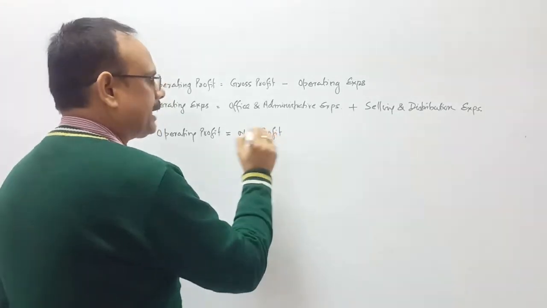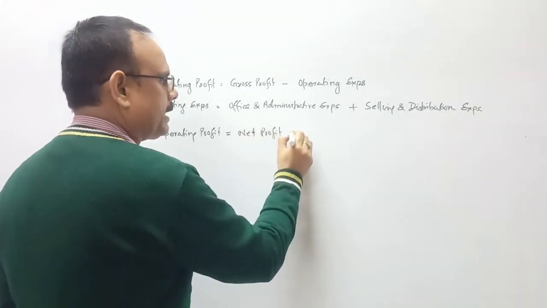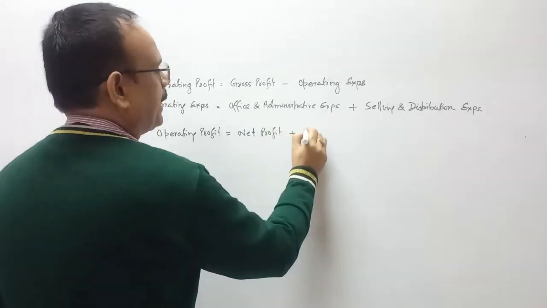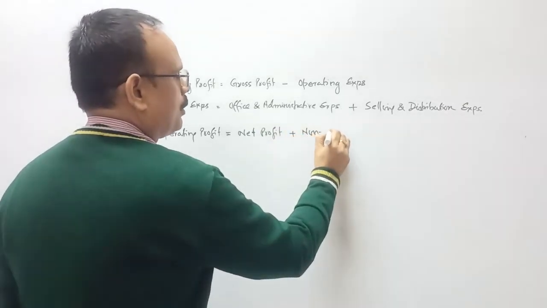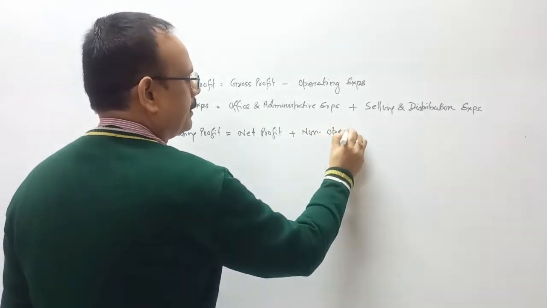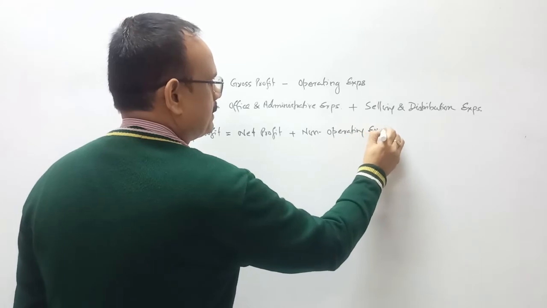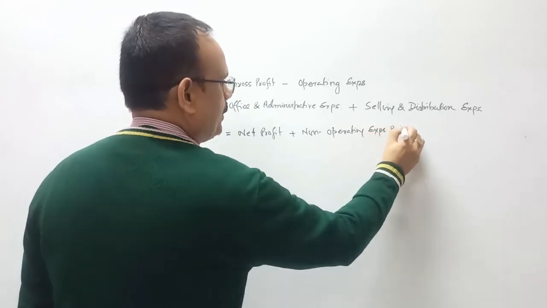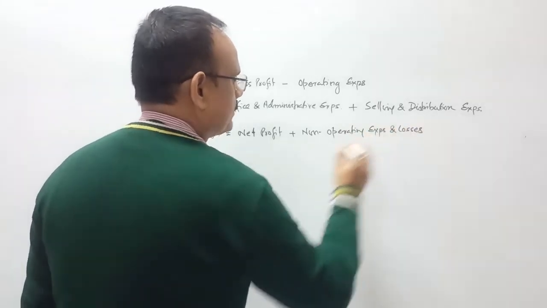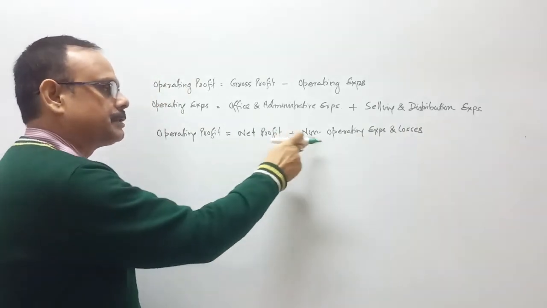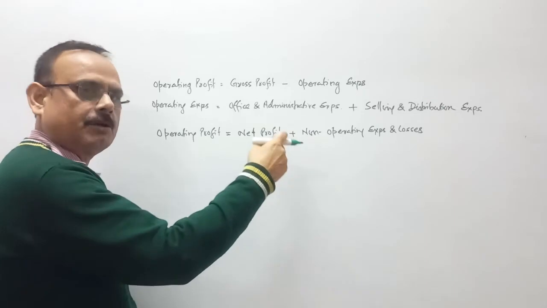In net profit, we will add back non-operating expenses and losses, which were deducted while calculating the net profit.